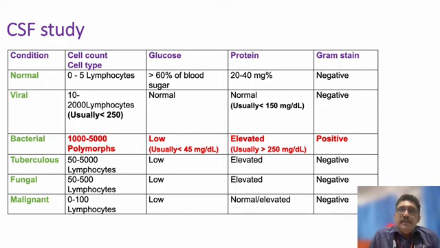Cell counts are highly elevated in bacterial meningitis. It is mostly a neutrophilic elevation, whereas in TB and other conditions, such as viral or fungal infection and malignancy, lymphocytes are elevated. So the most important condition where there is elevation of neutrophils is bacterial meningitis. But remember, in bacterial meningitis, after a few days, or after initial treatment, the neutrophils may change to lymphocytes.